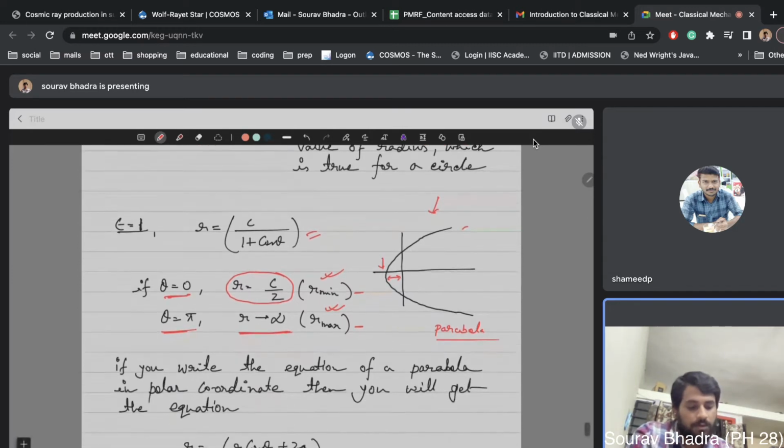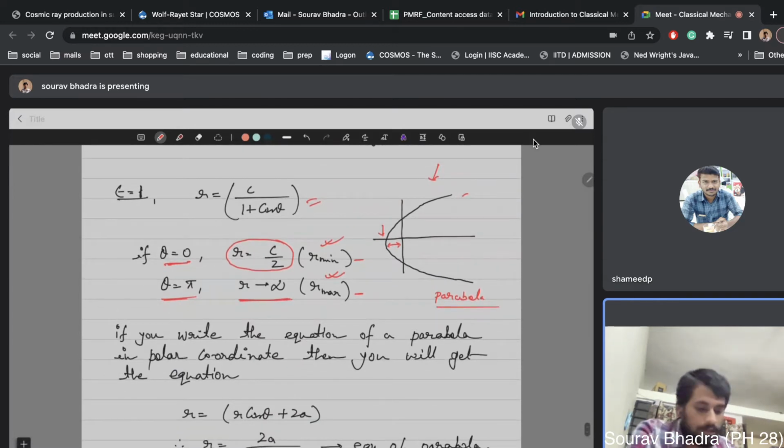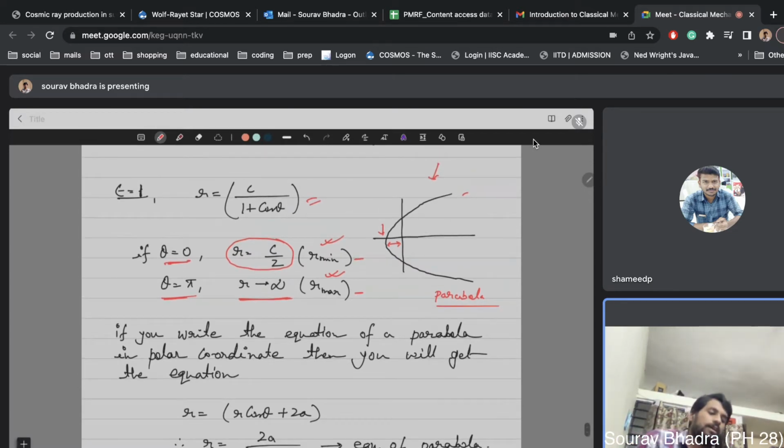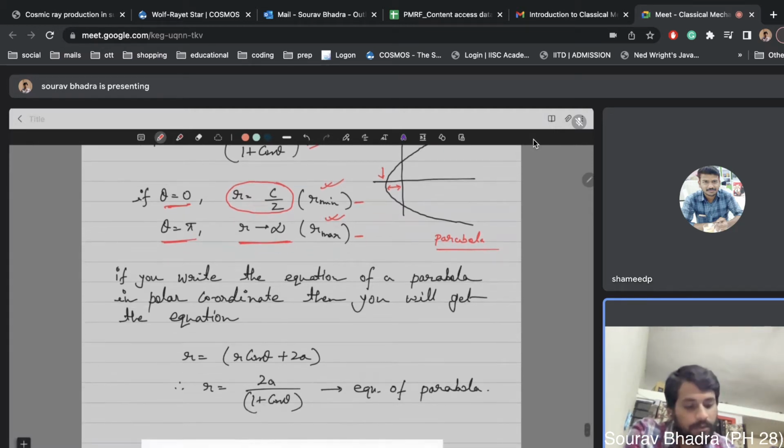Also, sir has shown in his video that if you calculate the equation of a parabola in polar coordinates instead of our common xy coordinates, in r and theta coordinates, you will get an equation like this.